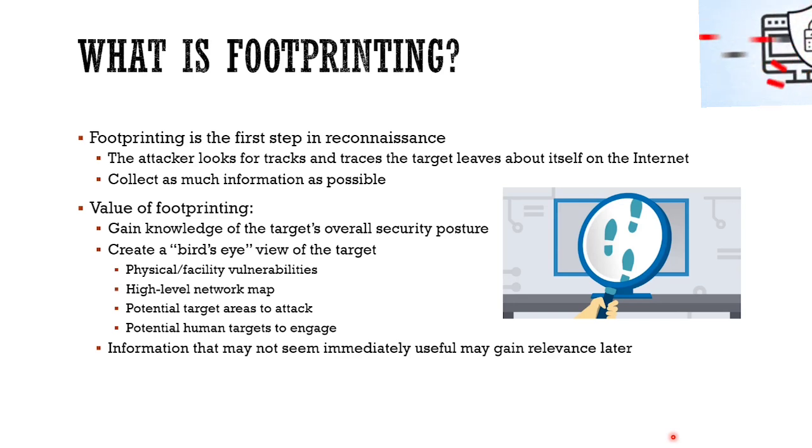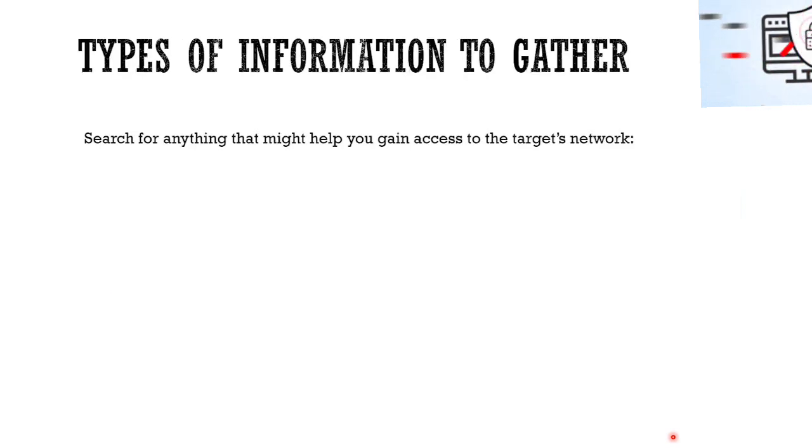The types of things we're going to gather will include anything that would help us gain access to the target network.